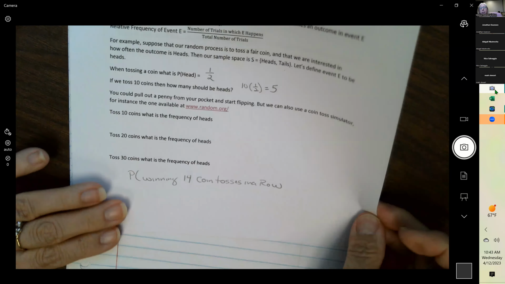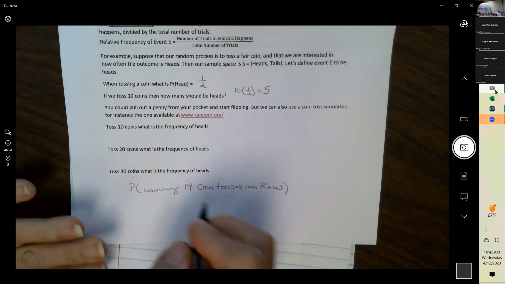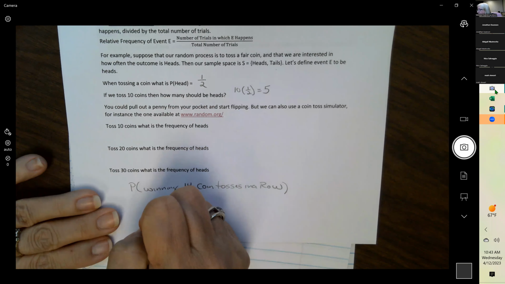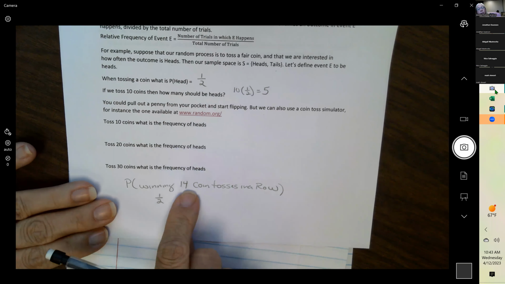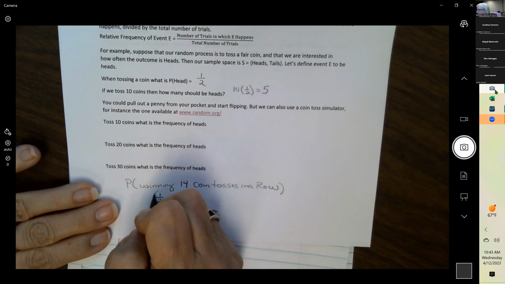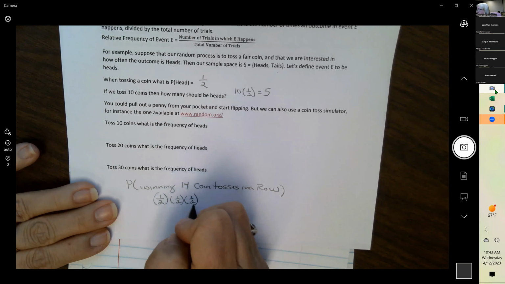Now, each time they go out for a coin toss, it's still a 50-50 chance they're going to win the coin toss. So each time there's a 1/2 chance, or a 50% chance, to win the coin toss. Each time, 1/2, 1/2.